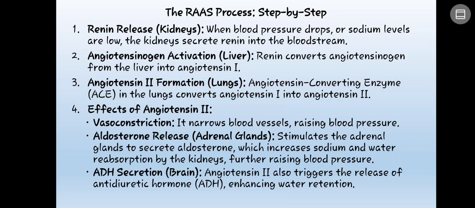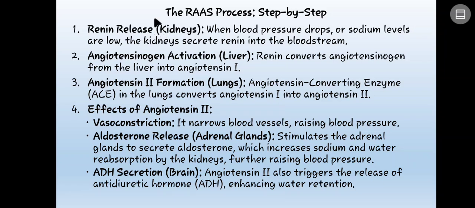Once there is less filtrate reaching the distal tubules, the tubules have specialized cells called macula densa cells, which sense reduced concentration of sodium, and that process will also stimulate the release of renin from the juxtaglomerular cells.